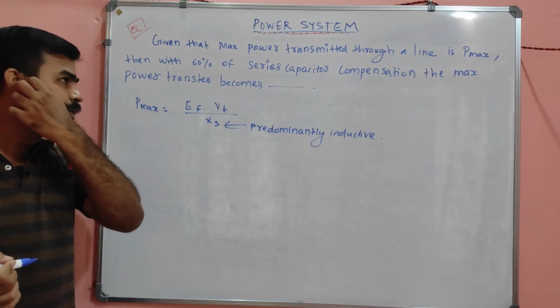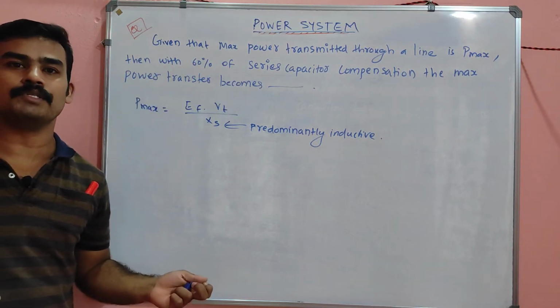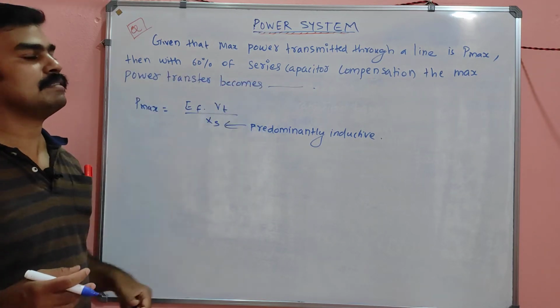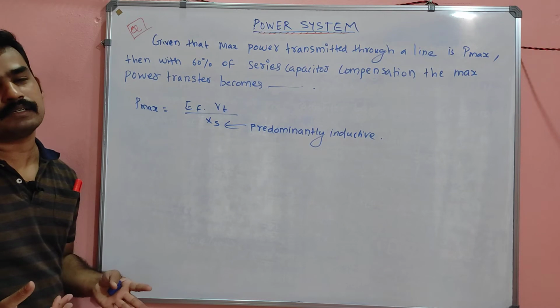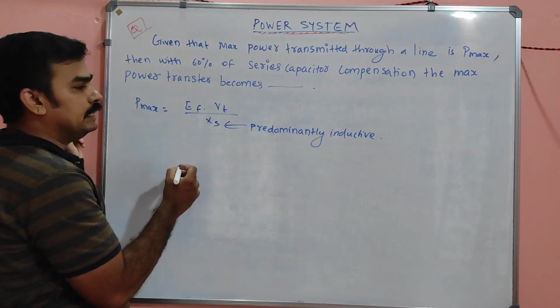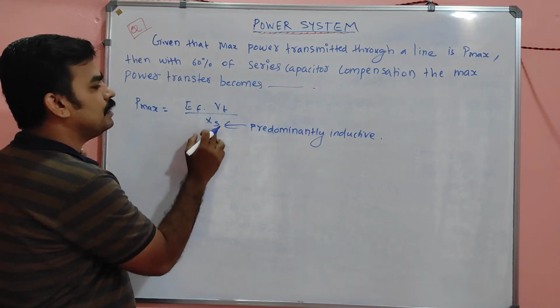So what we are doing, my dears, we are adding a capacitor in series with the transmission line so that its compensation is 60%. Only 60% of compensation is given. That means if you provide exactly 100% of the compensation here, the power transfer will be this.